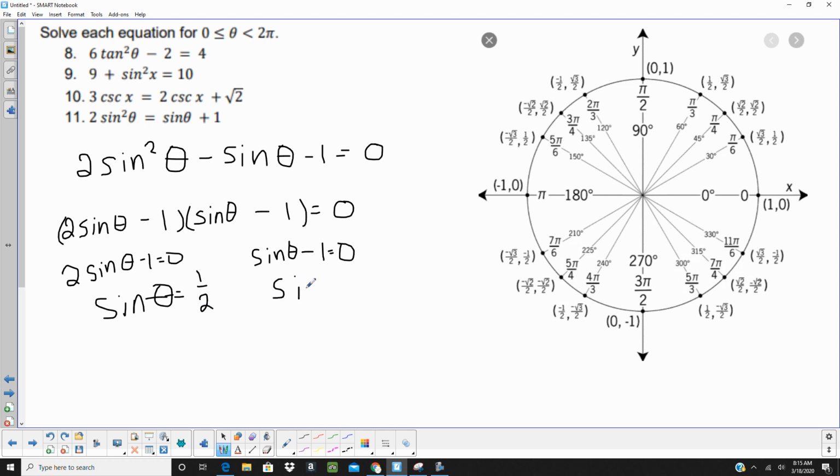Sine theta equals 1. Well, I have to look where my y-coordinate is 1, right here at pi over 2. So that would be the answer right there. And then I need to look where my sine coordinate is 1/2, right here at pi over 6, and right here at 5 pi over 6.